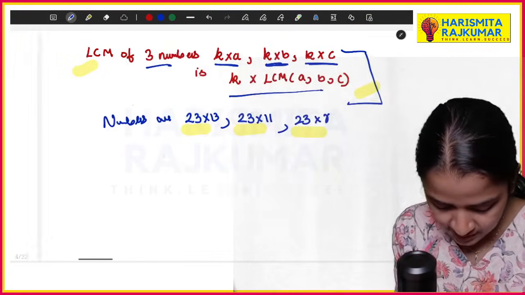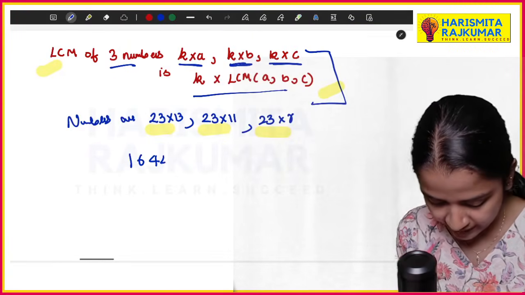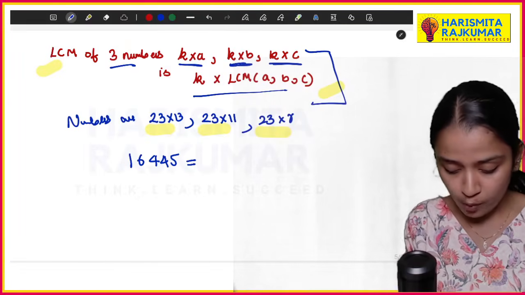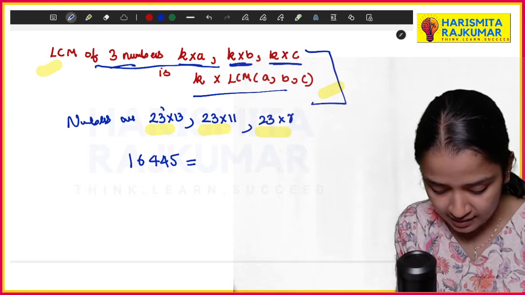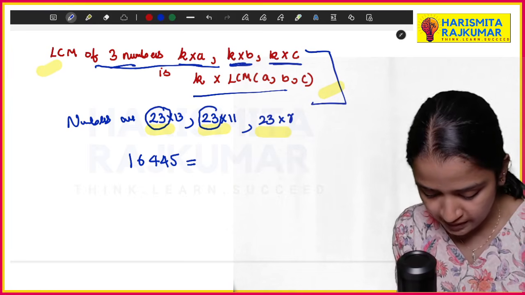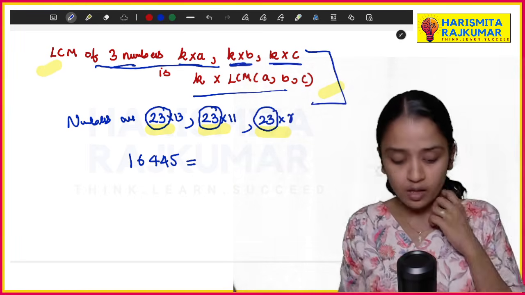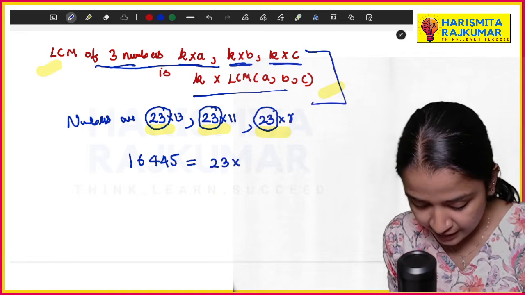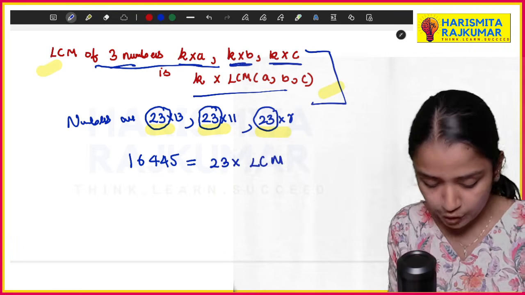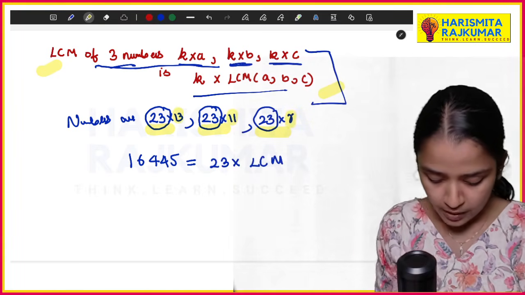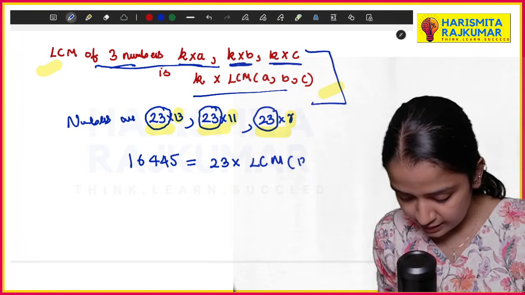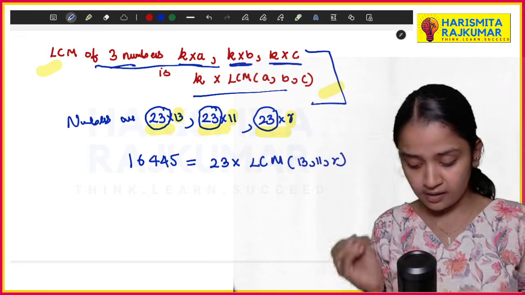So 16445 will be equal to K into the LCM of the remaining numbers. Here K is nothing but 23, because 23 is the repeating factor. So 23 into LCM of 13, 11 and R.